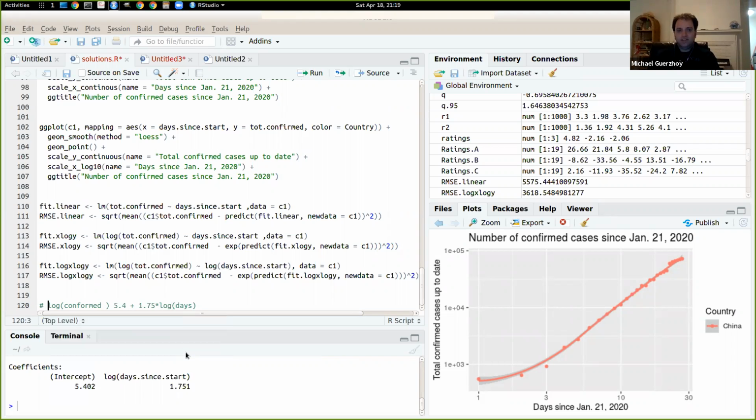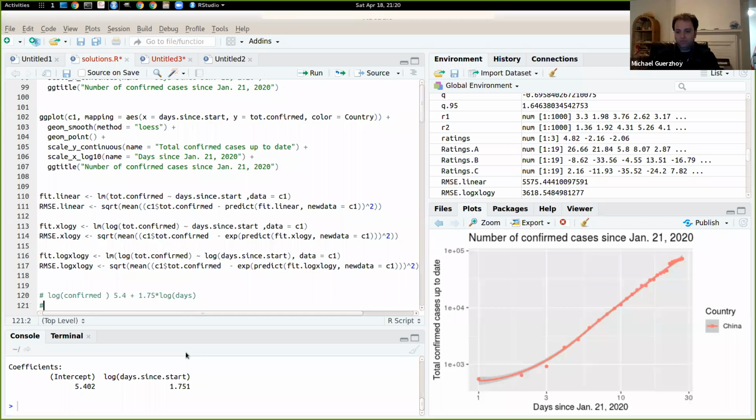So that means that if we want to predict confirmed, this is the prediction. So confirmed is equal to exp of 5.4 plus 1.75 times log of days.